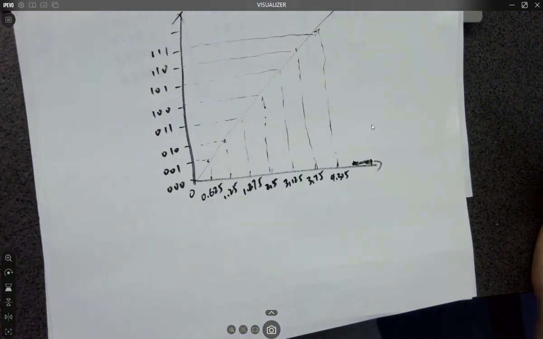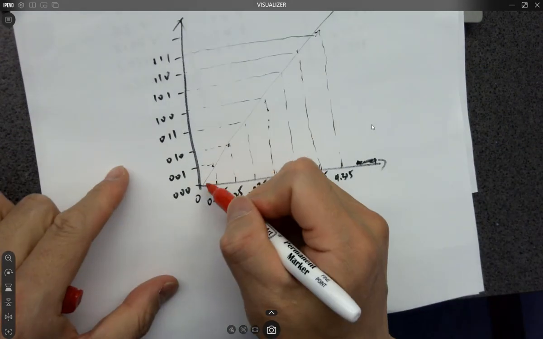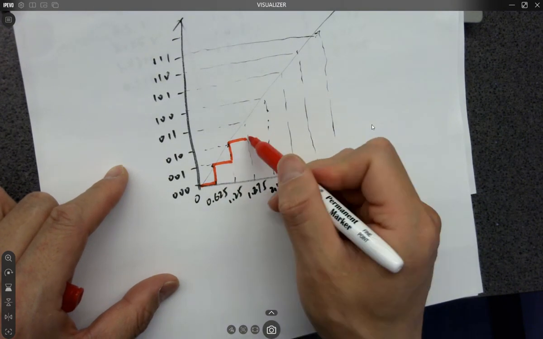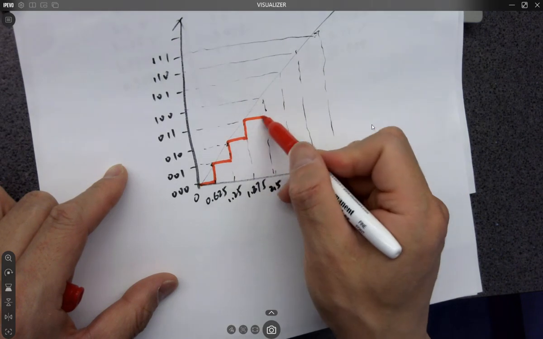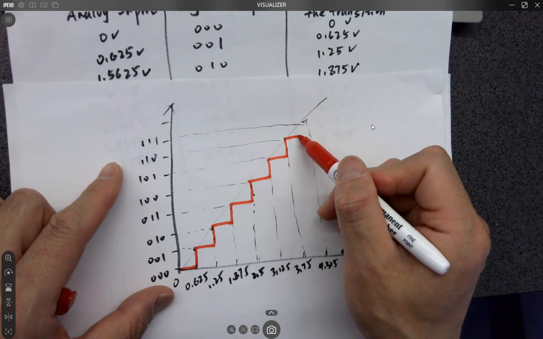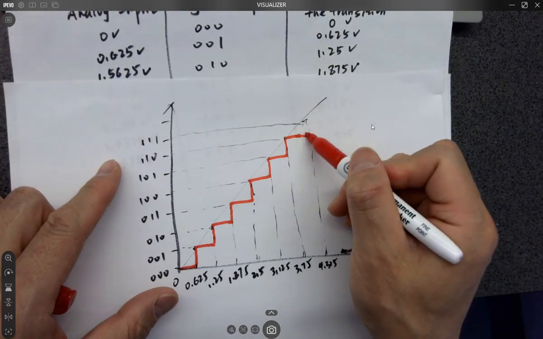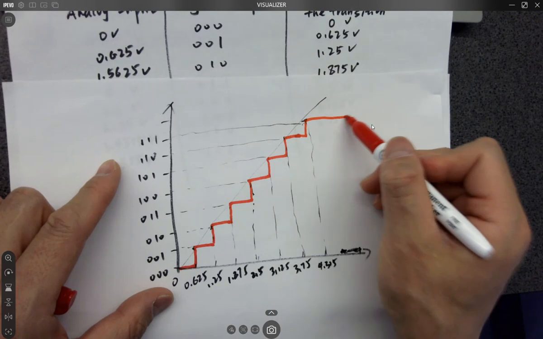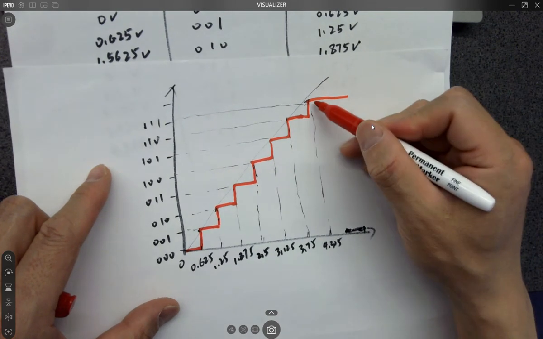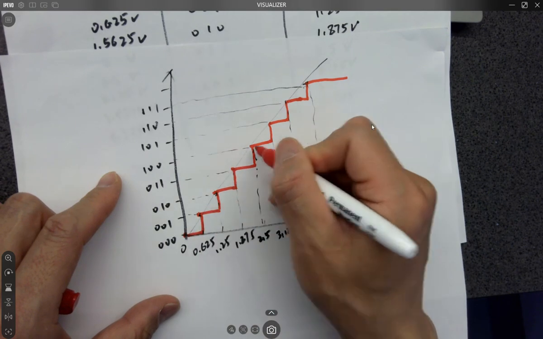So ideally, the transition looks like this, right? Yeah, there's nothing else over here, I think. So these are the points, the numbers.